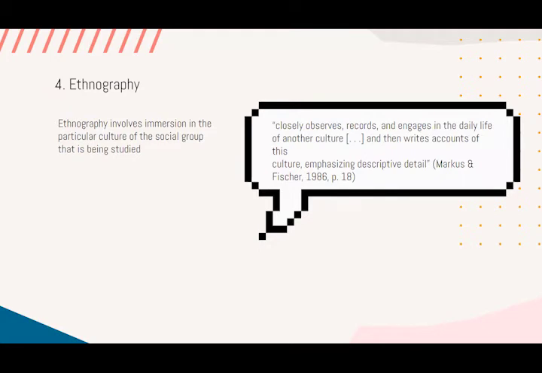Next, we have ethnography, which is explained by Marcus and Fischer. They say that ethnography closely observes, records, and engages in the daily life of another culture, and then writes accounts of this culture, emphasizing descriptive detail.